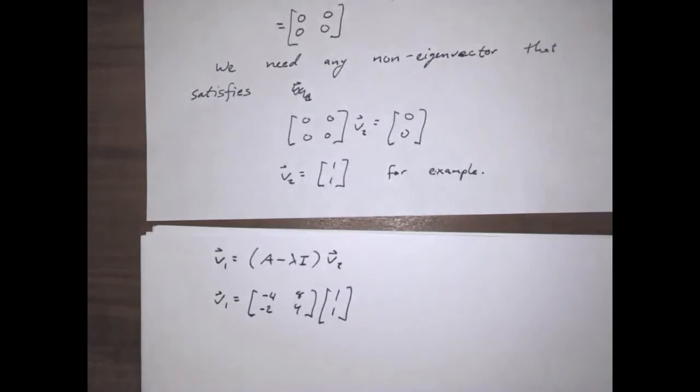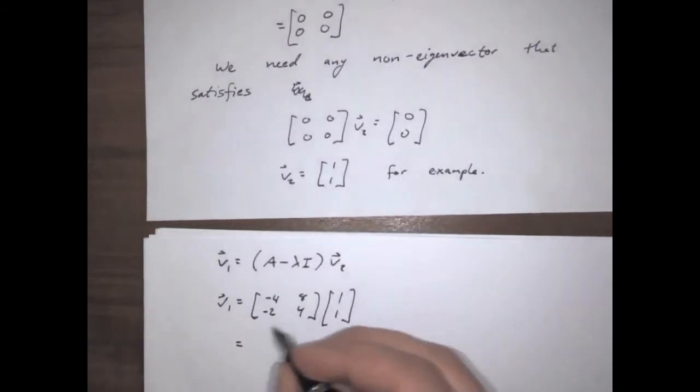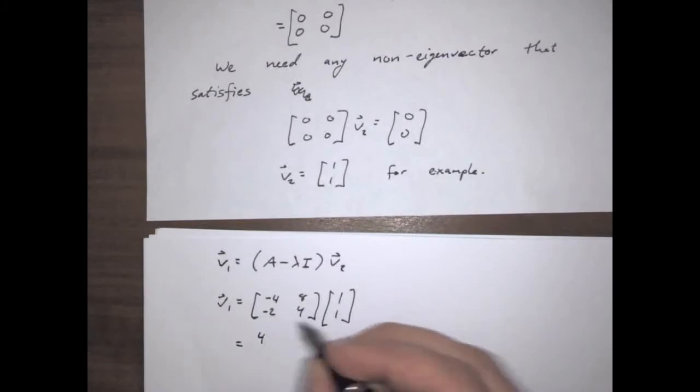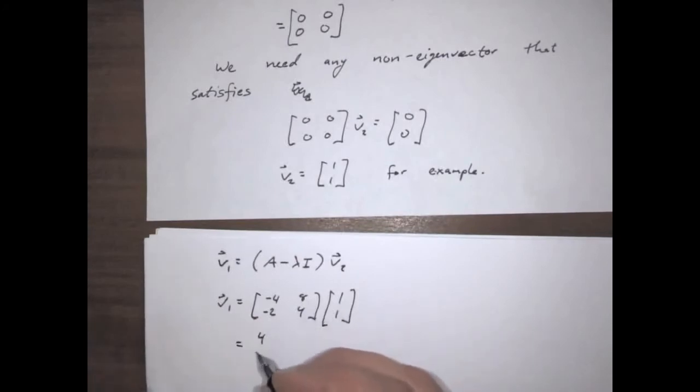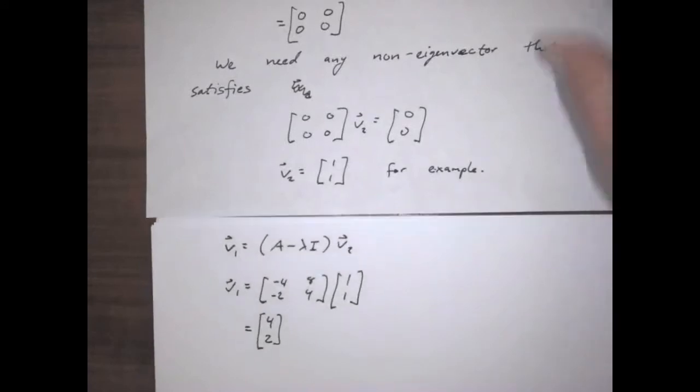And that v2 could have been anything, but then v1 is going to be dependent on that. So we would multiply. It's going to be negative 4 plus 8 is 4. Negative 2 plus 4 is going to be 2. And if we compare that with what we found when we started this section, we see that that is indeed an eigenvector because it is double the eigenvector that we found before. And any multiple of an eigenvector will also be an eigenvector.